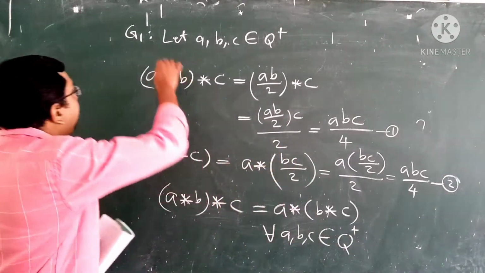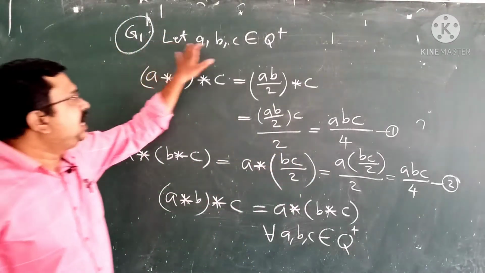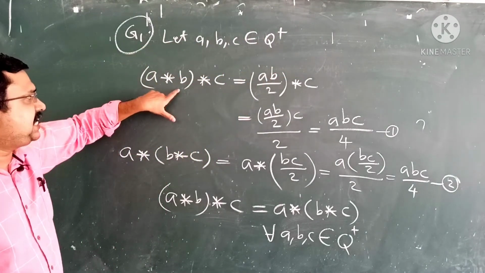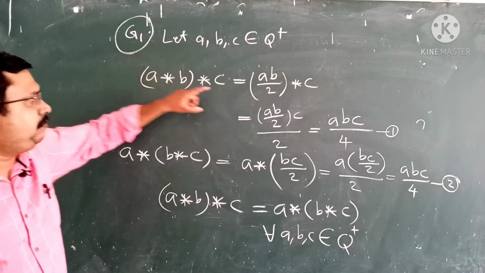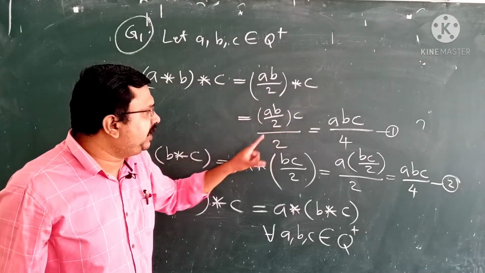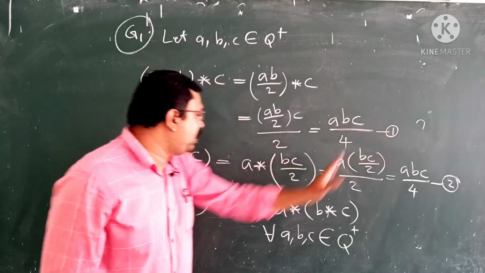That is, we are proving our first axiom G1. Remember that, let a, b, c belong to Q plus, then (a star b) star c: a star b is ab by 2, star c is ab by 2 into c by 2, which equals abc by 4, equation number 1.